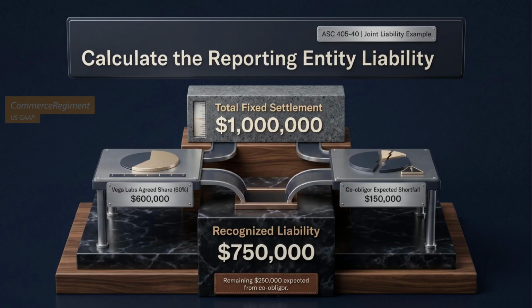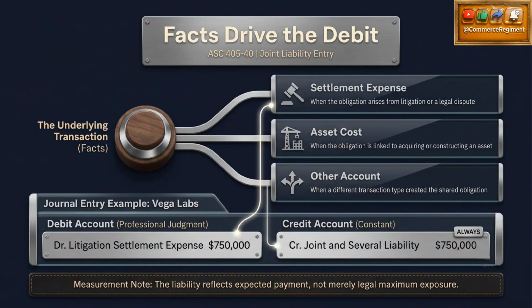The journal entry for Vega Labs is debit litigation settlement expense for $750,000 and credit joint and several liability for $750,000. The credit is the shared obligation measured under the standard. The debit depends on the underlying transaction.